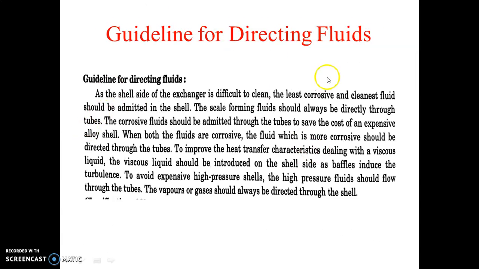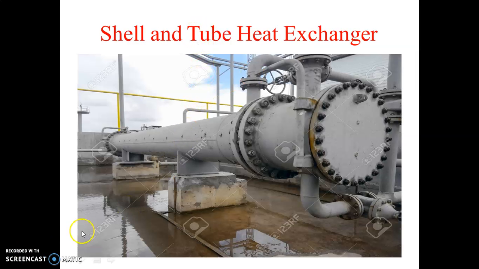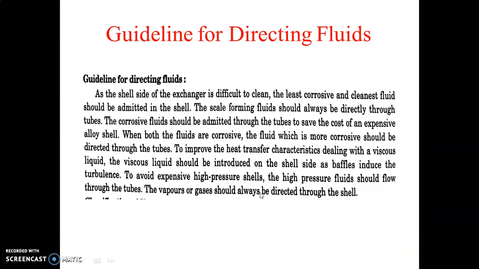So these are the guidelines provided for directing the fluid. That means which fluid you have to add in the shell side or in the tube side. So there are some recommendations. As the shell side exchanger is difficult to clean, the least corrosive and cleanest fluid is admitted into the shell.